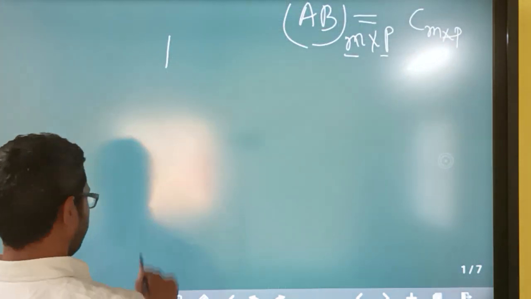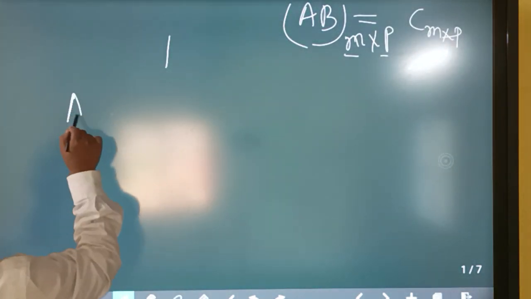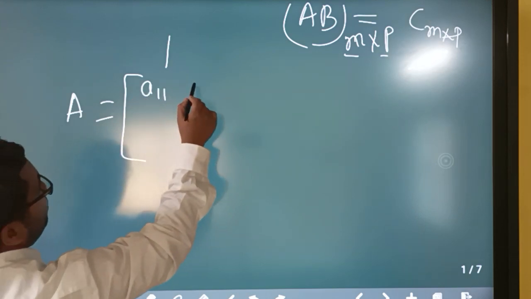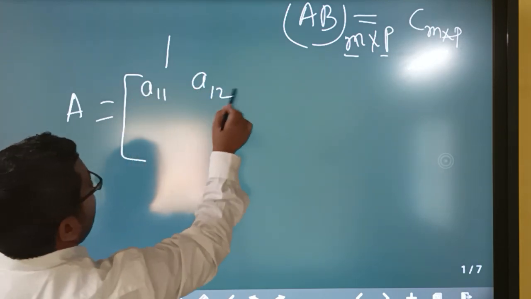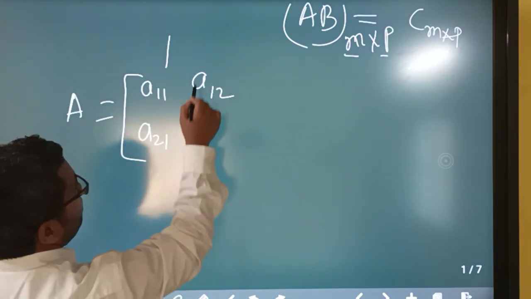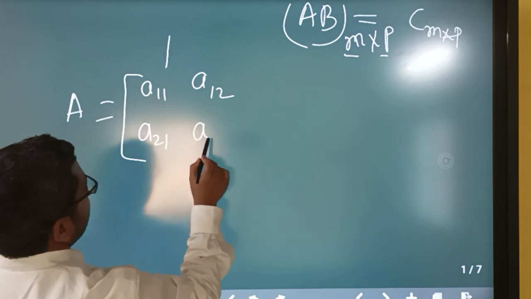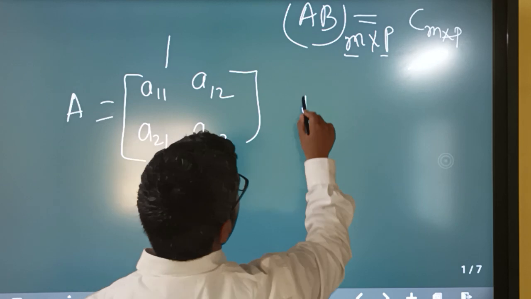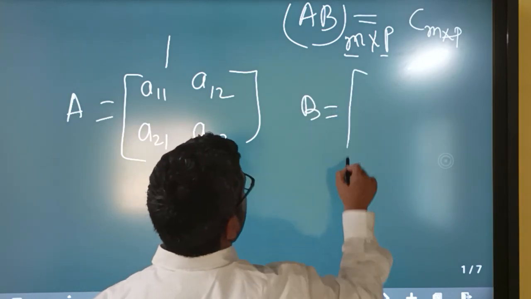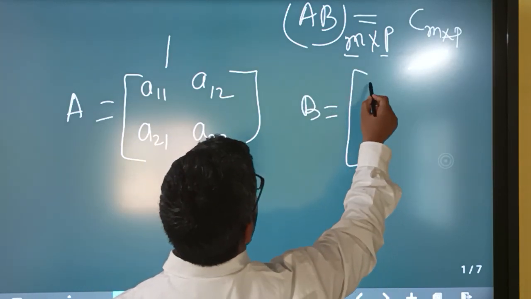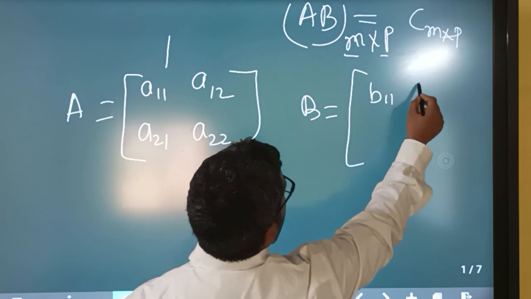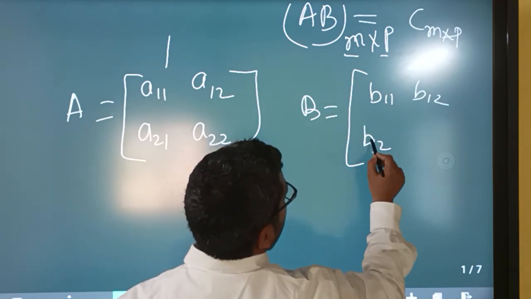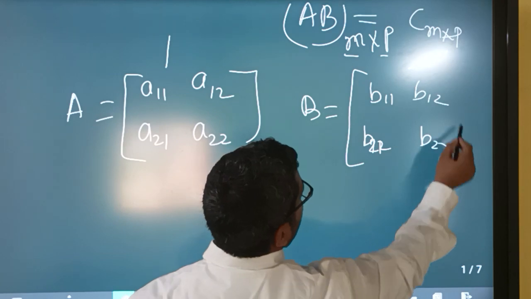Now let's say the matrix A has elements A11, A12, A21, A22, and the matrix B has elements B11, B12, B21, B22.